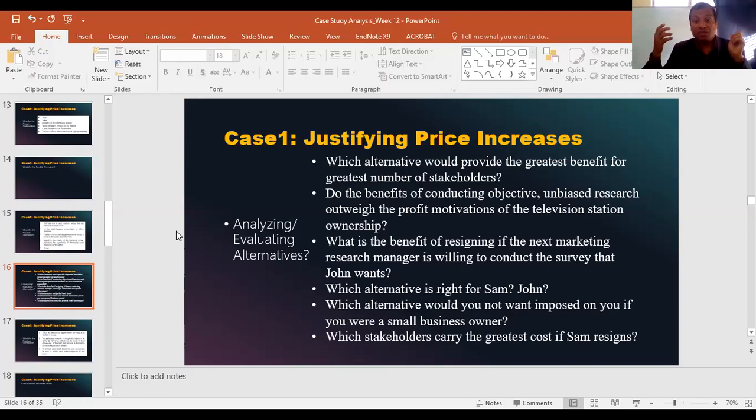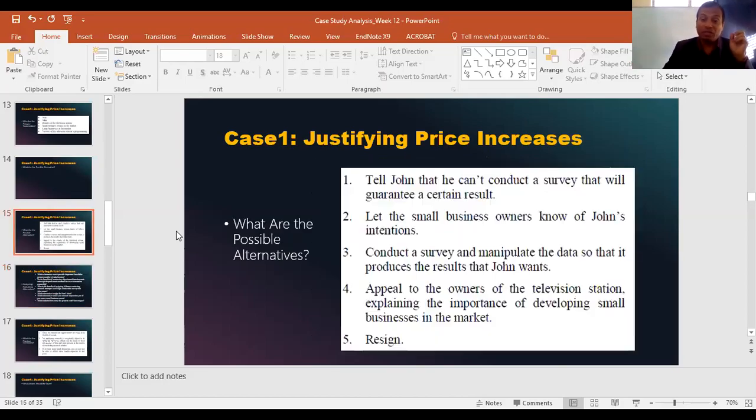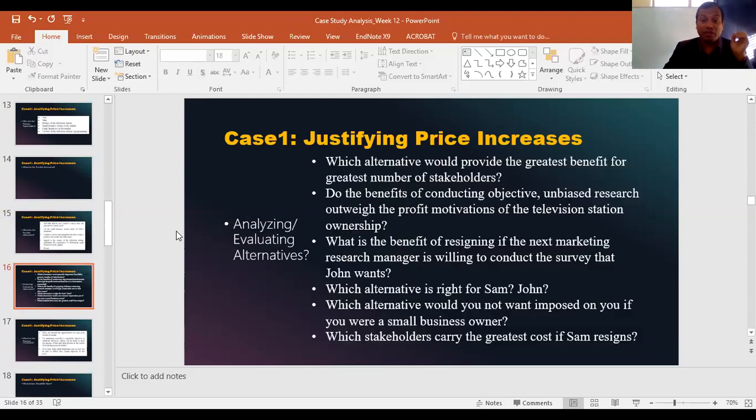Which alternative would you not want imposed on you if you were a small business owner? Sometimes put yourself in the shoes of a business owner. Which alternative do you think is not appealing for them, or which one would be appealing for them? Which stakeholder carries the greatest cost if Sam resigns?